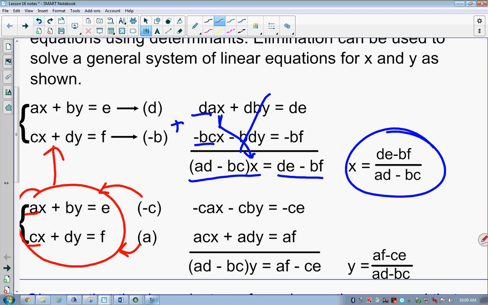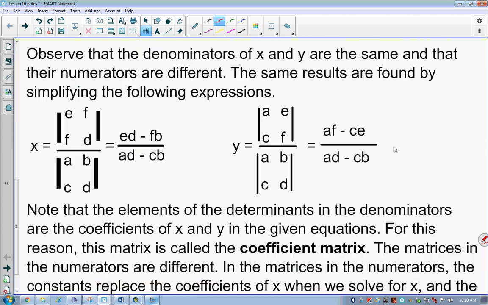It's the same steps as what we used for x. Conceivably, if I know x equals de minus bf over ad minus bc, I could just plug that in for x and solve for y, but I can't do it here because it's this long, complicated algebraic expression. So that's what they're explaining as elimination, although I think they make it way harder than it needs to be. So we also have the ability to use determinants.